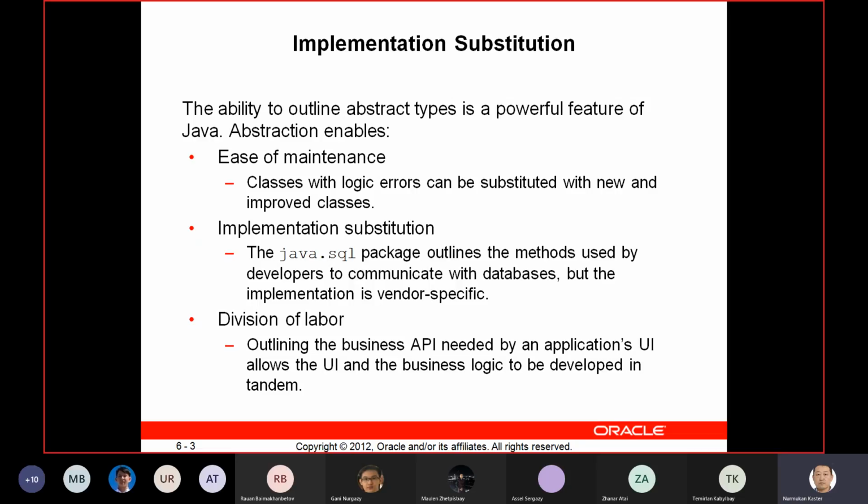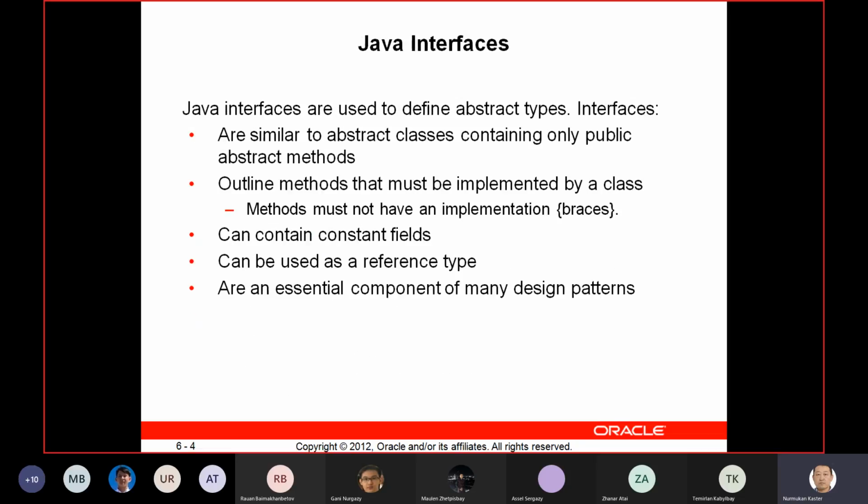I mean, UI designer, business engineer, back-end developer, just like that. Or maybe a front-end developer. That's the reason that using the interface is a very good chance to improve the system quality of the design. Okay. How about Java interface?